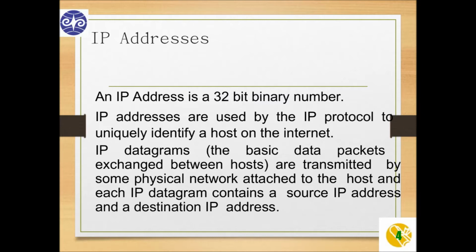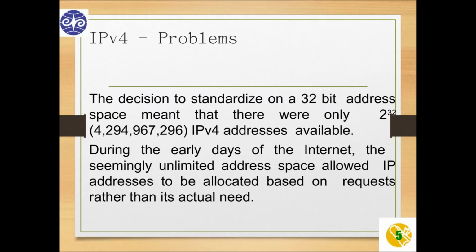The sender address will be the source IP address and the receiver address will be the destination IP address, and if IP version 4 is being used, then this address will be a 32-bit binary number. So in this slide we have learned that every packet transmitted from sender to receiver must contain the source IP address as well as the destination IP address.